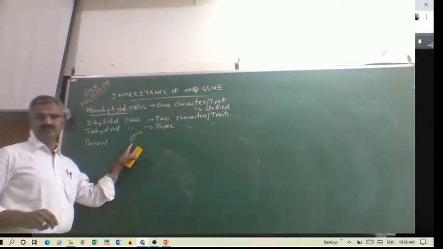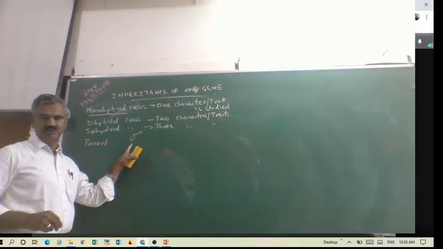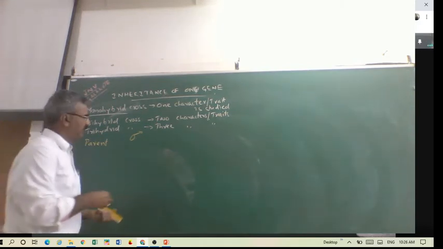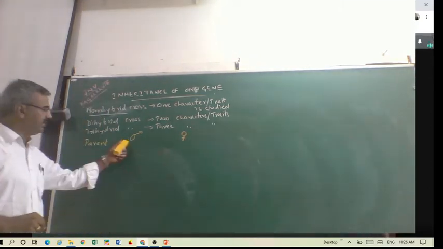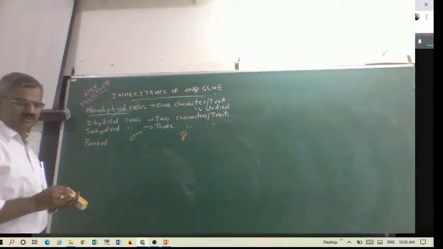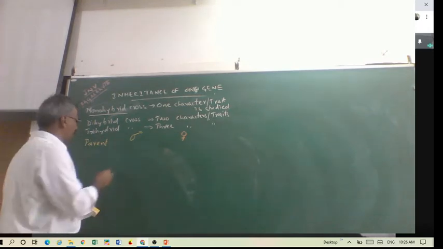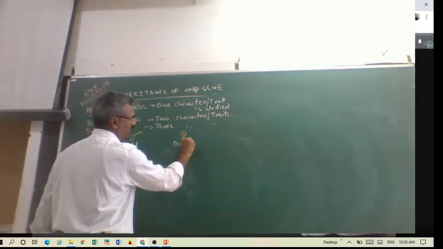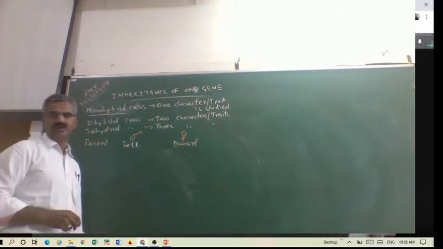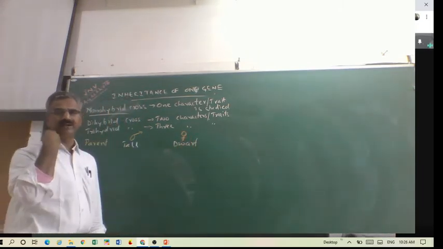Can you see the symbol which I have written on the board? Male. Yes, sir, this is female. Okay, male and also female we are going to use here. And in this we have the tall plant and also the dwarf plant.